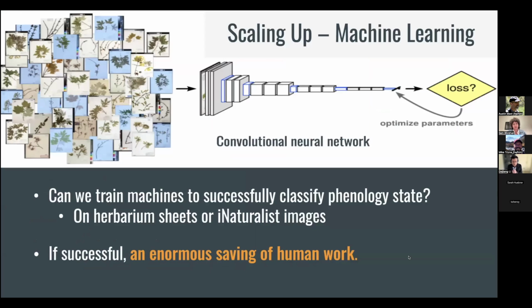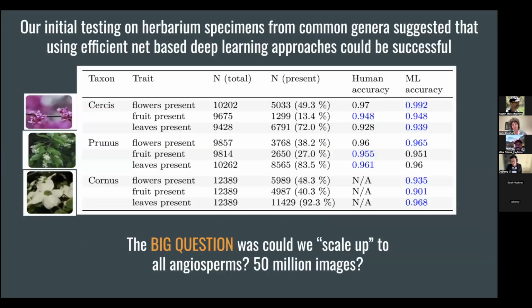So then the question would be, can we actually do this? Can we scale up using machine learning technology to extract that information? If successful, it's going to be a huge saving of our work and provide important data for us.